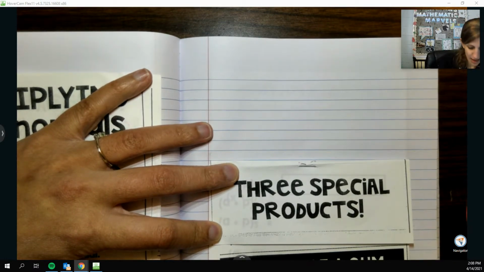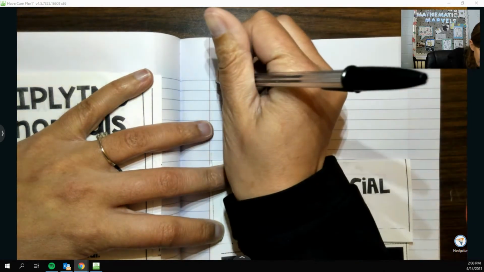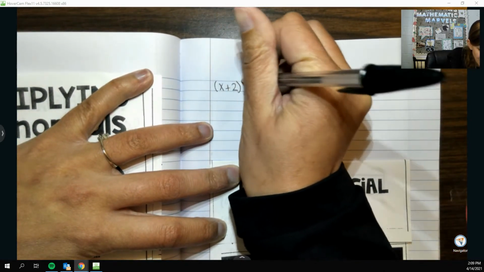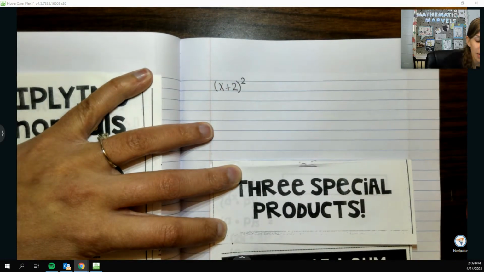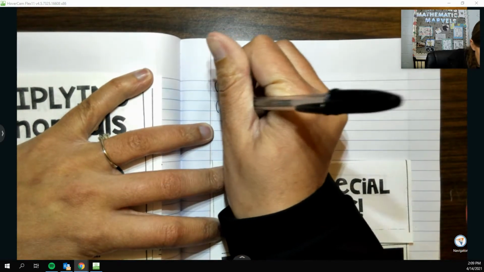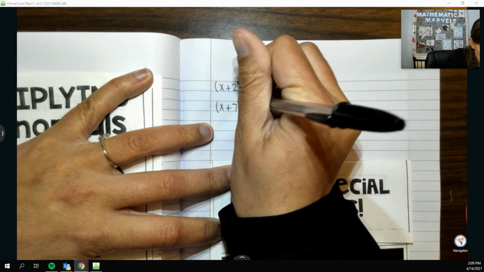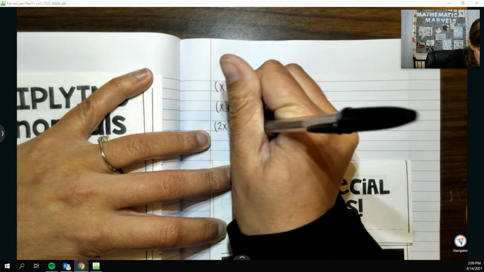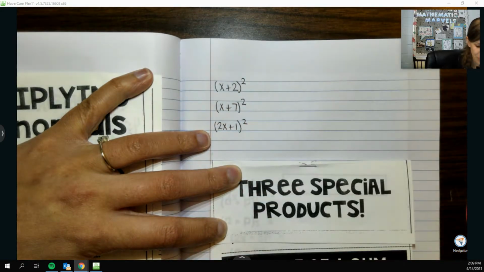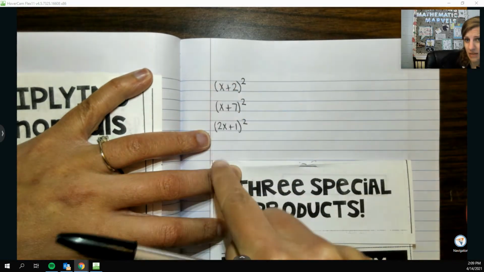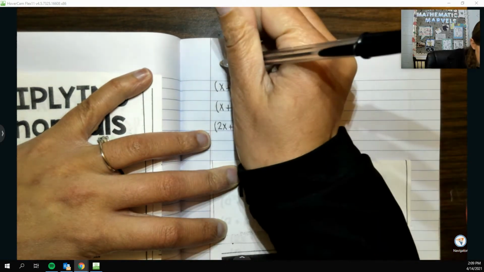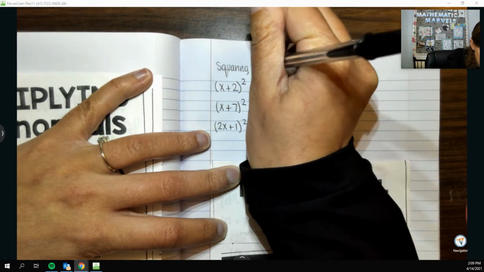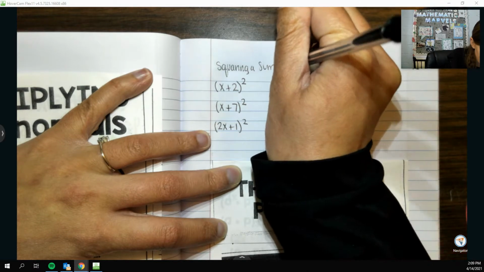As a little bit of a preview, if I had x plus 2 squared or x plus 7 squared or 2x plus 1 squared, the thing that all of these have in common is that we are squaring a sum.